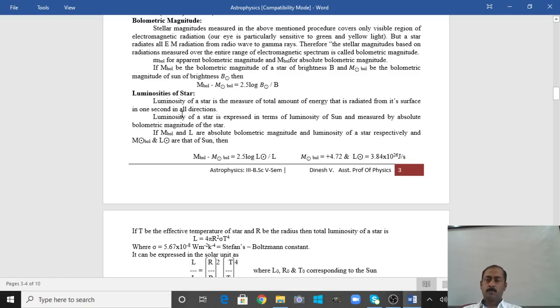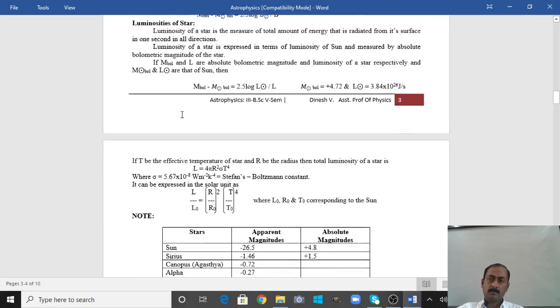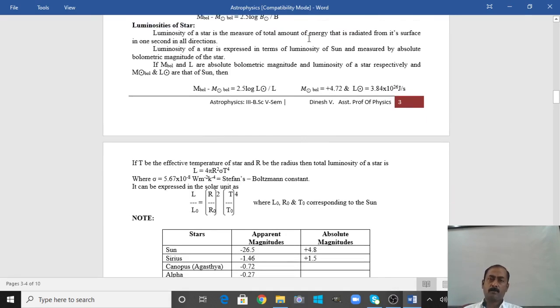Let us see the luminosity of stars. The luminosity of a star is the measure of the total amount of energy that is radiated from its surface in 1 second in all possible directions. Luminosity of a star is expressed in terms of the luminosity of the sun and measured by the absolute bolometric magnitude of the star.